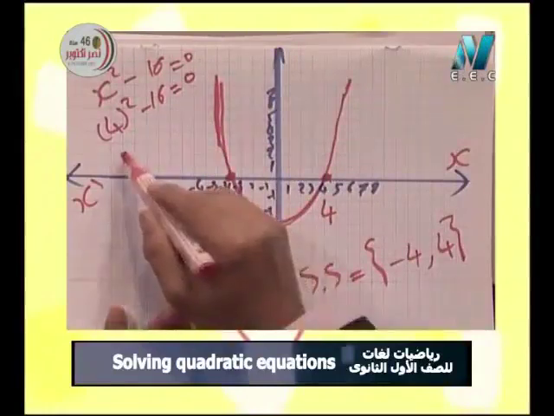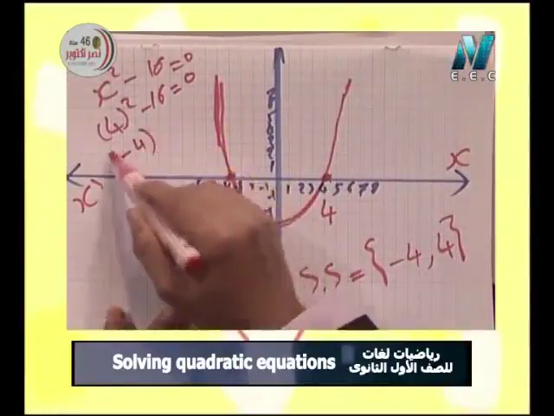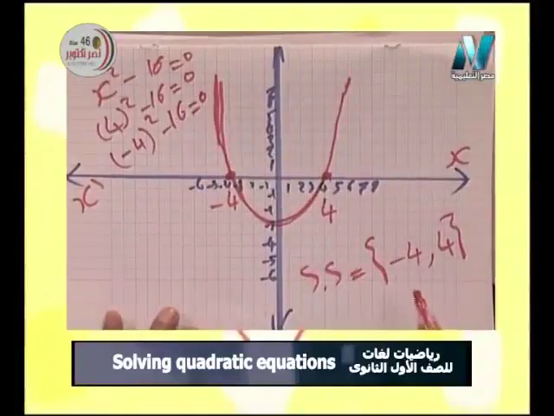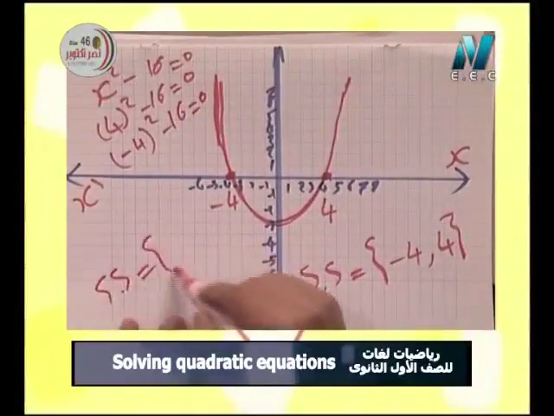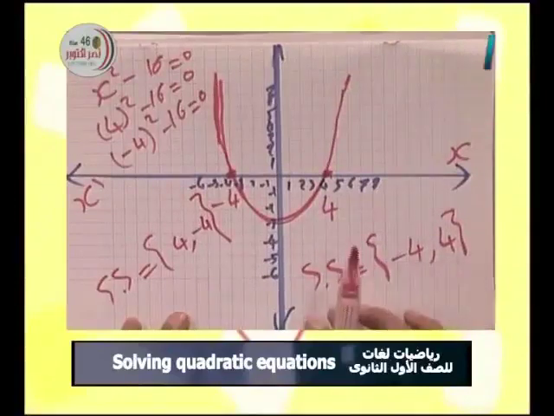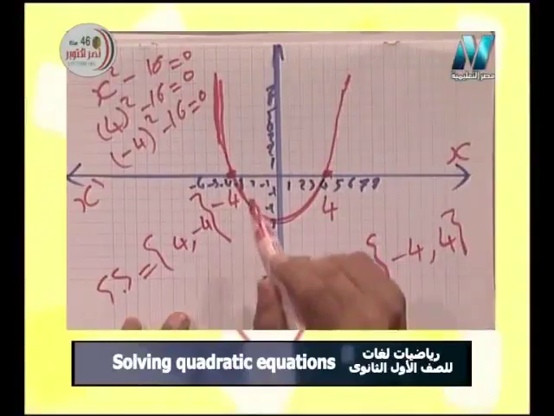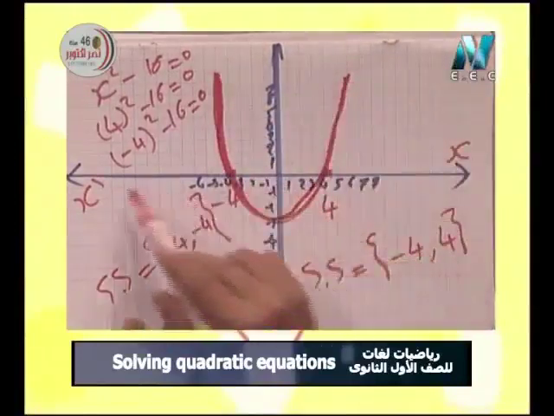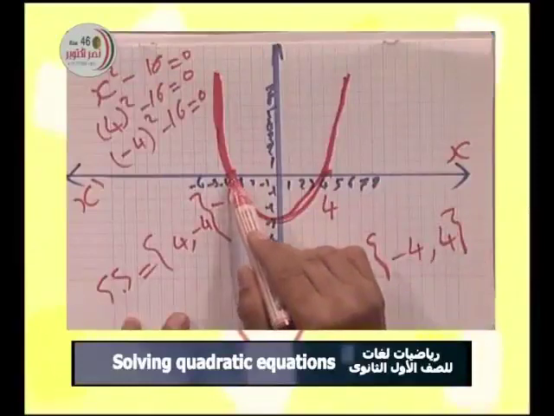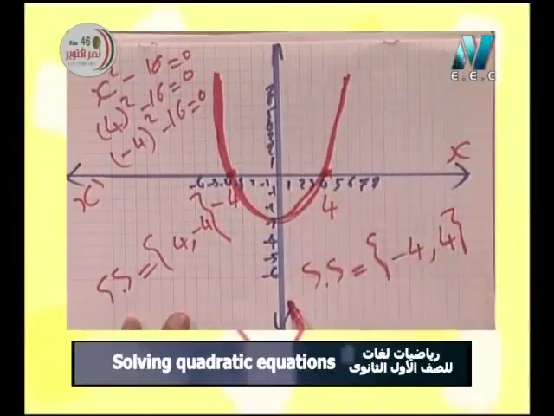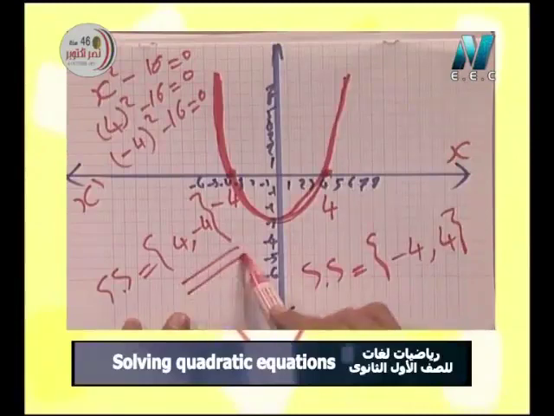And if we substitute negative 4, negative 4 power 2 minus 16, it will be 0 too. So the solution set will be 4 and negative 4. The solutions are the numbers where the graph, the parabola, meets the x-axis. Here the parabola intersects the x-axis at negative 4 and at 4. So the solution will be 4 and negative 4.